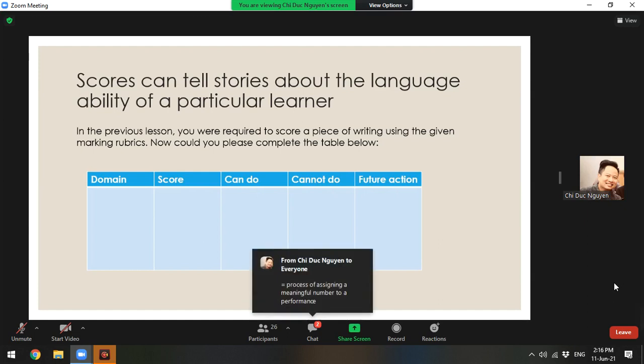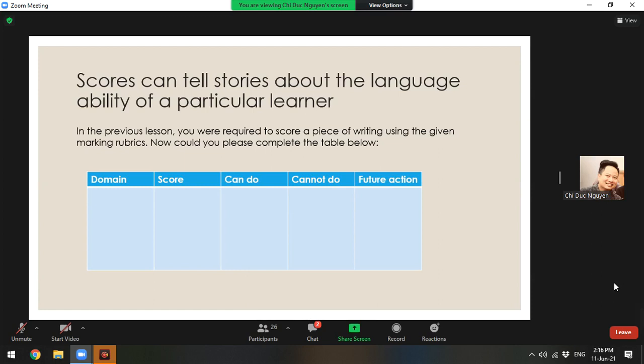And my question is, what does meaningful mean over here? Number is quite clear already. In this case, number refers to the scores or the grades or some kind of labels. And what does meaningful mean here? I think that a meaningful score means that the score can reflect the best performance of the student.